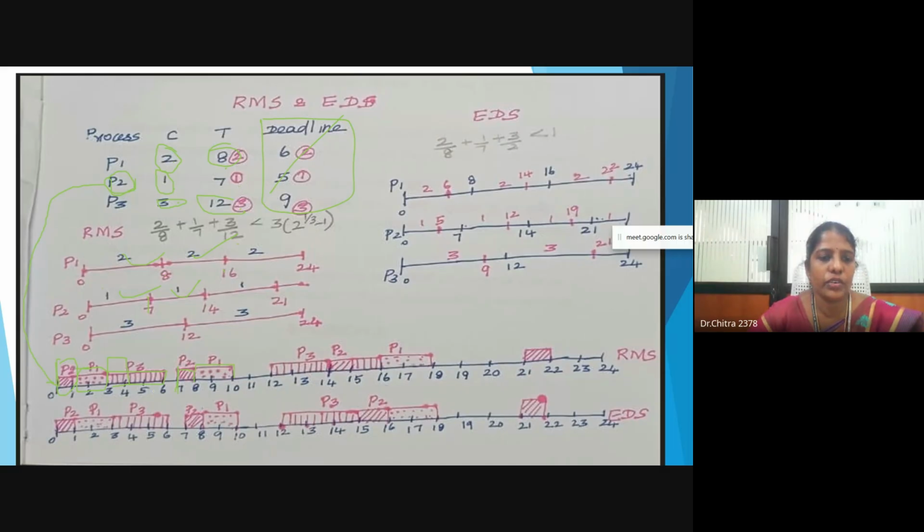Is it required to assign a slot for P3 again? No. For P3, the period is 12. For every 12 clock cycles only, P3 wants to execute. P3 has already executed in this period, and it requires the processor again only after the 12th clock cycle.